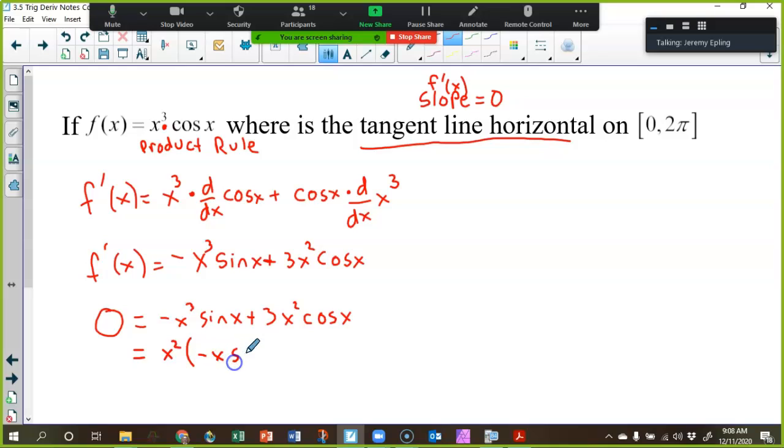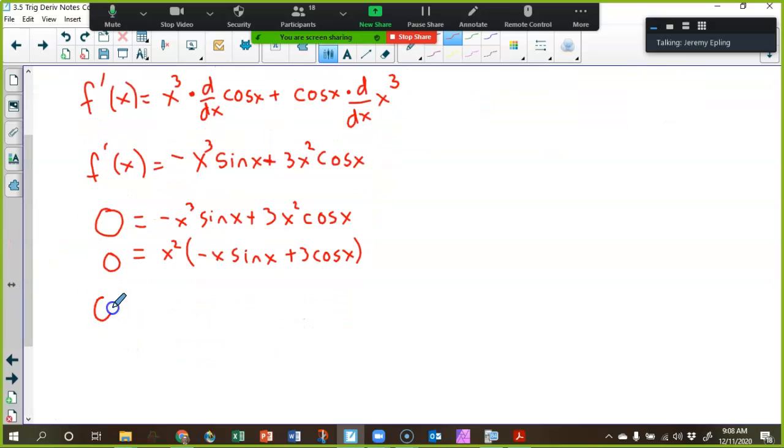Either one would be just fine. And we know if we've got two things multiplied together and their product is equal to 0, we can set them both equal to 0 and solve. So either x is 0 or negative x sine x plus 3 cosine x is equal to 0.